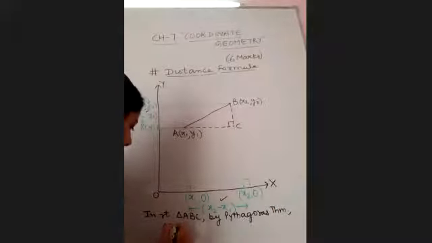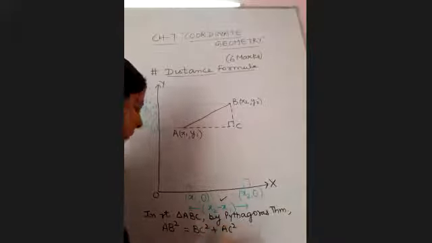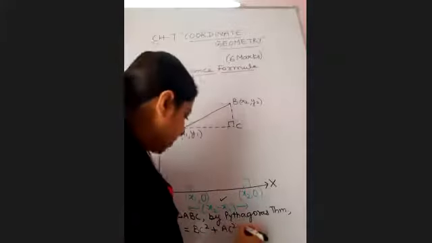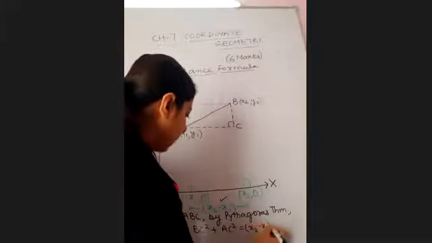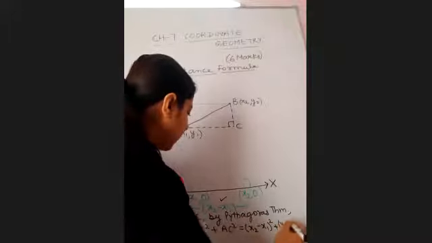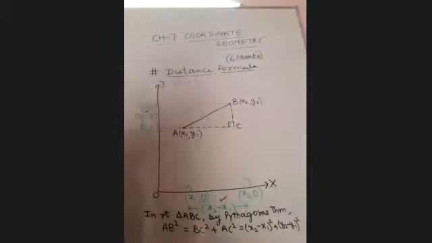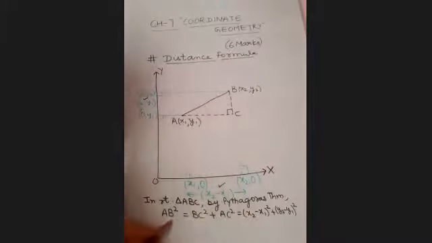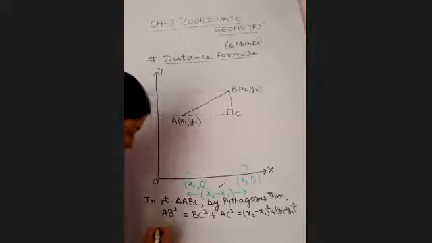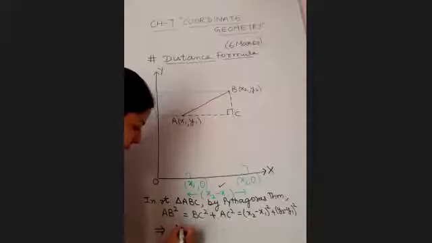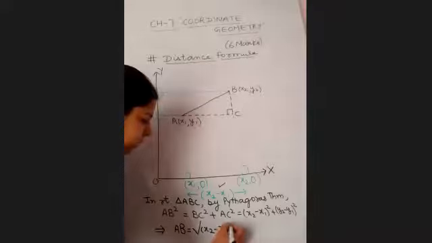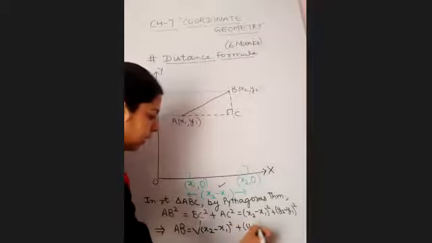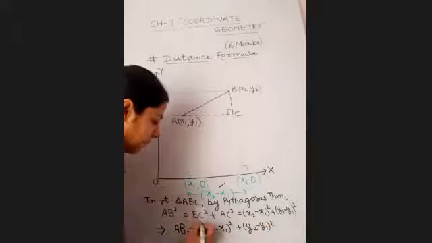AB square is equal to BC square plus AC square, which is equal to x2 minus x1 square plus y2 minus y1 square. All right. But this is AB square, children. We need to find the distance AB. So this gives me that AB is equal to under root of x2 minus x1 square plus y2 minus y1 square. That's it.